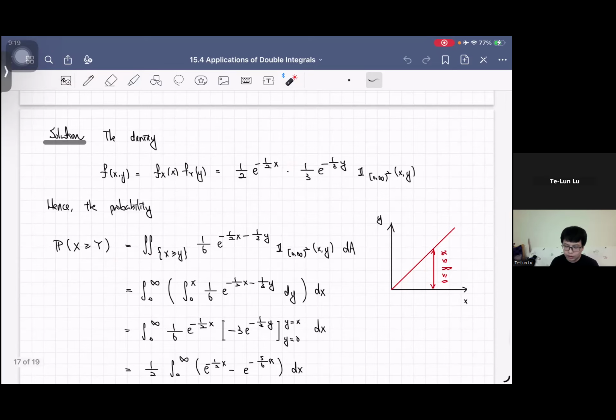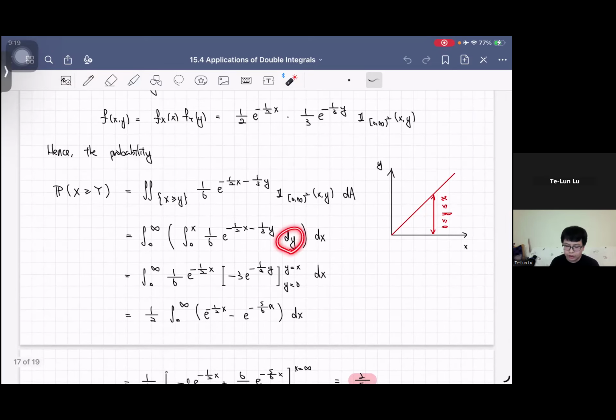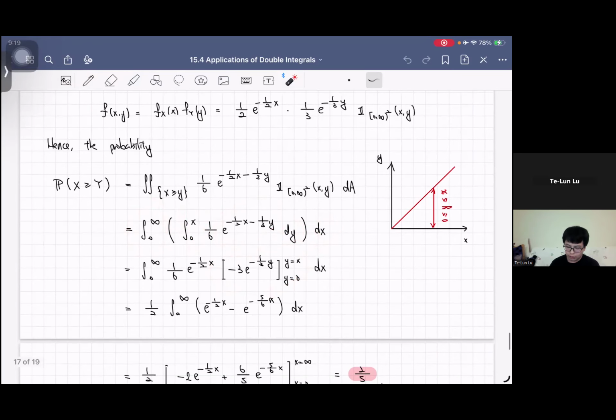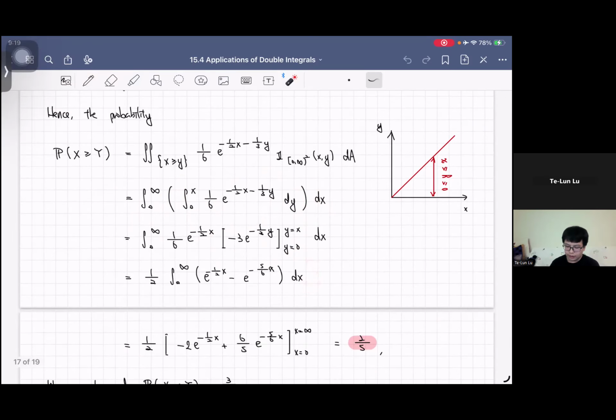In this case, I try y first. So y will be within 0 to x, where x will be within 0 to infinity, right? Because y is supposed to be less than x. And then it's simple algebra. So do the integration, which in this case is quite simple, and you get eventually that the final answer is 2/5.